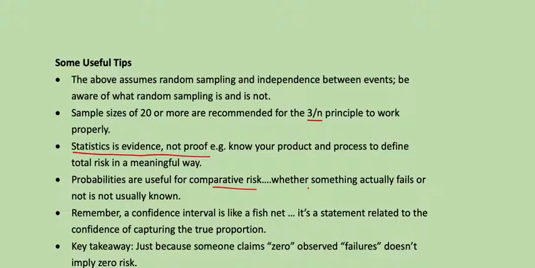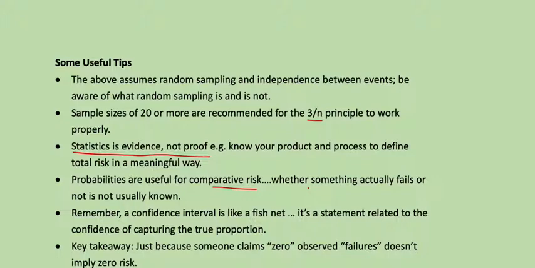And then you always get asked the question, well, is 0.5% good enough? Well, it's relative to maybe some other percentage, let's say 0.5% versus a 20% failure rate. So it's really about comparing risks rather than saying an absolute number is acceptable or not.